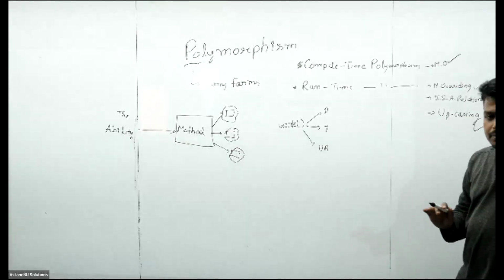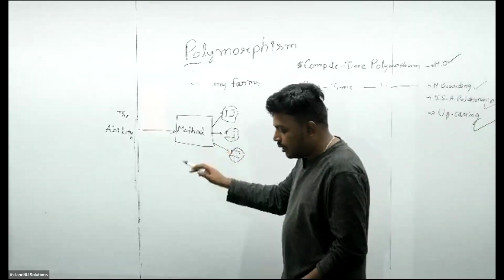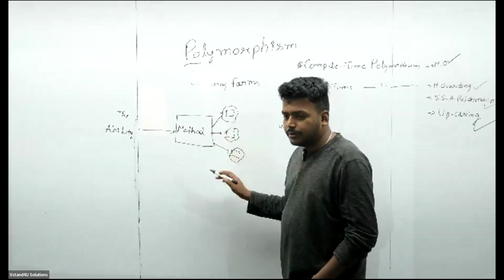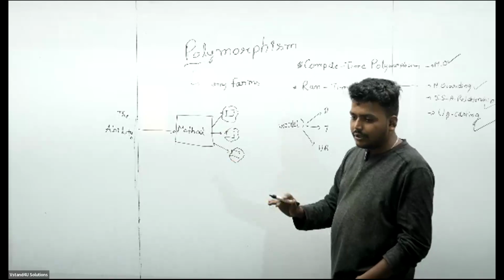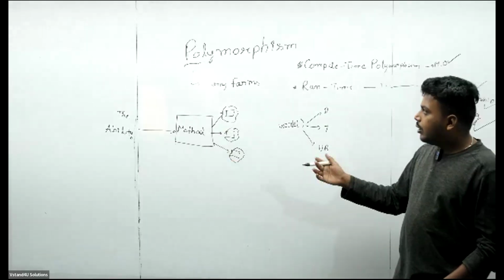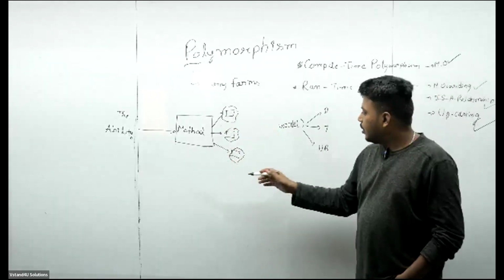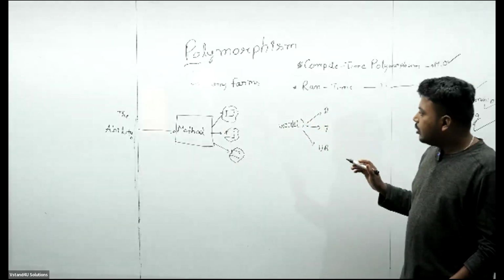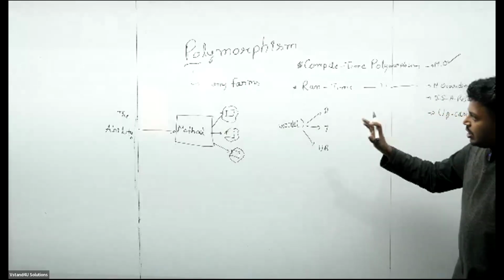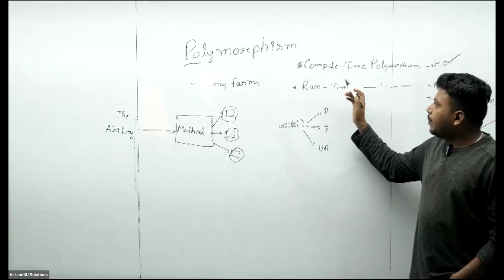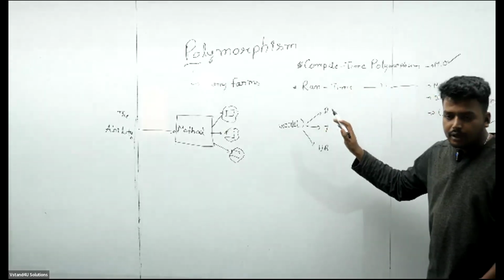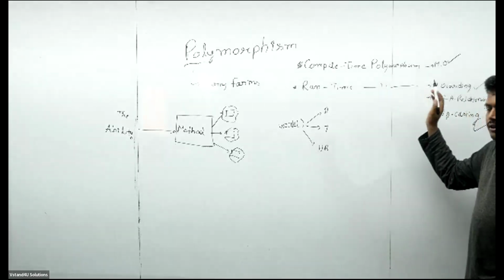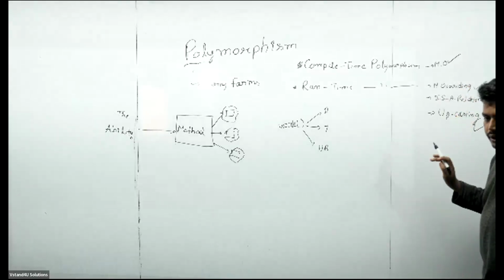What is polymorphism, sir? The ability of the method depending upon the objects is called polymorphism. In polymorphism, we have compile time polymorphism and runtime polymorphism. Compile time polymorphism is nothing but method overloading.